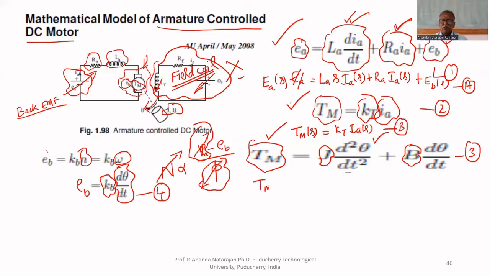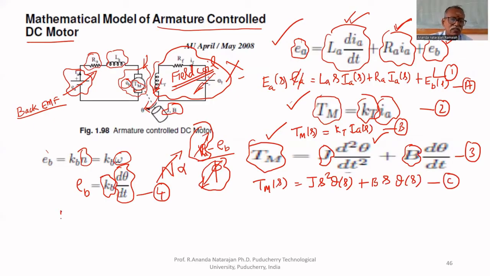The next equation is Tm of S equals J S square theta of S plus B S theta of S, assuming zero initial conditions. This is another equation in the frequency domain.